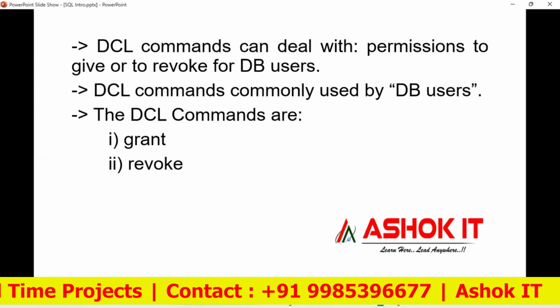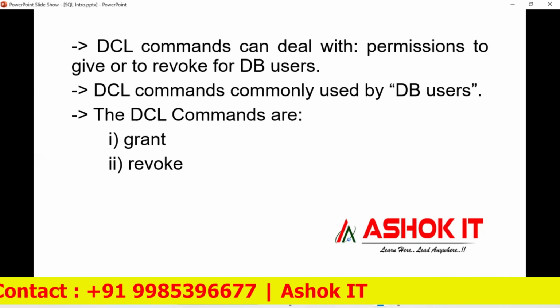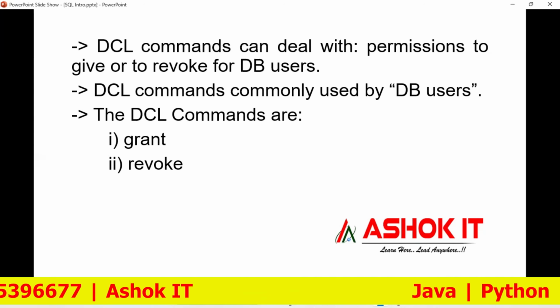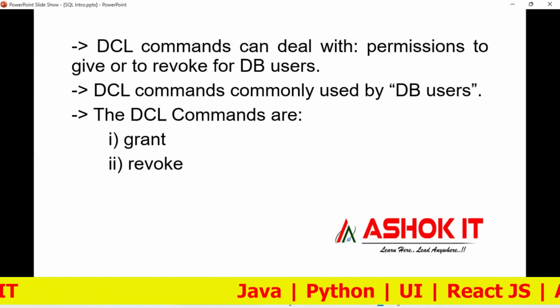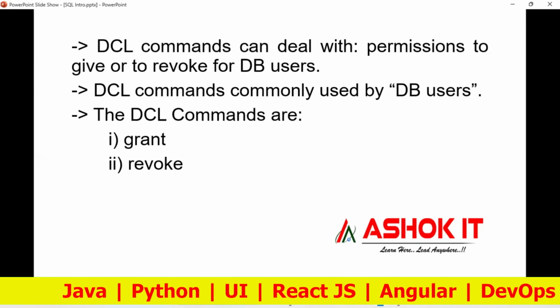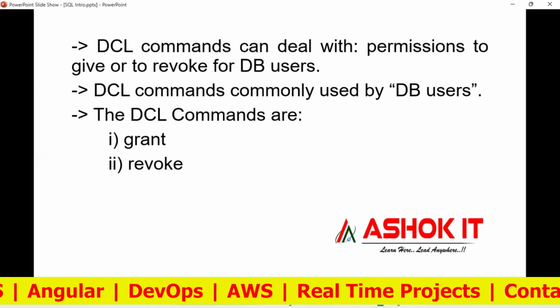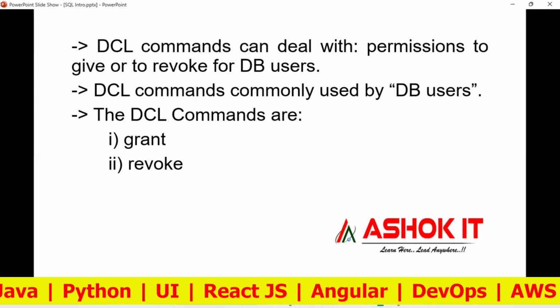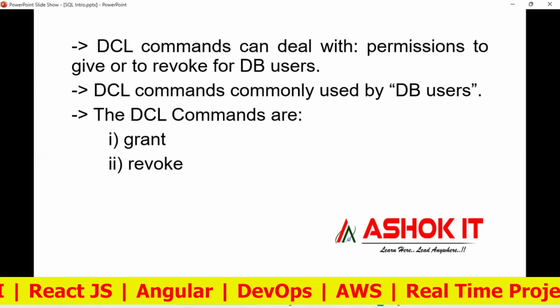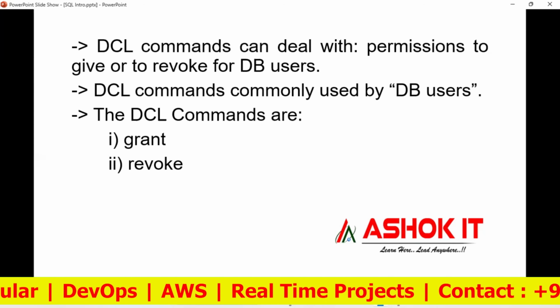So to give the permissions or to cancel the permissions, we need some commands. Those commands are called DCL commands, data control language commands. So the available DCL commands are grant and revoke. All these kinds of commands can be used by the DB users only.